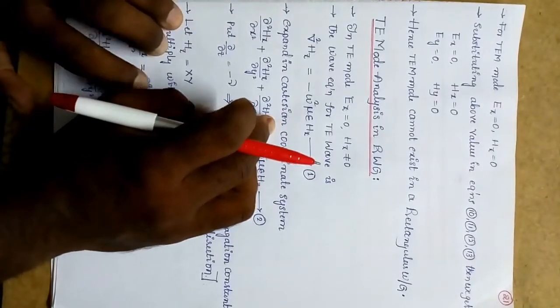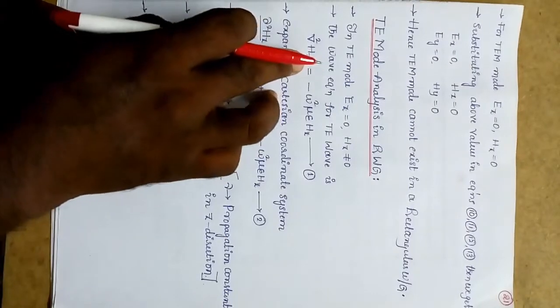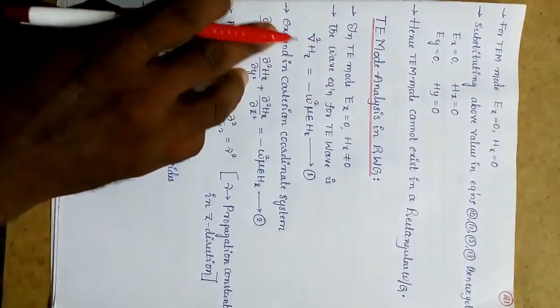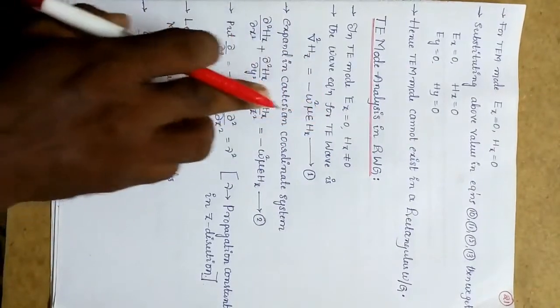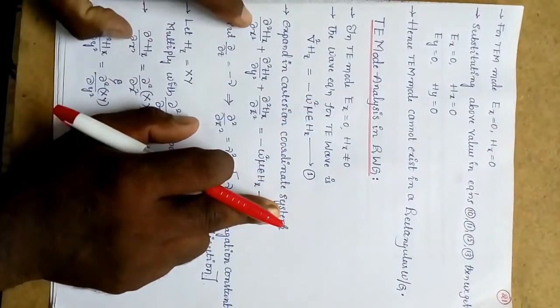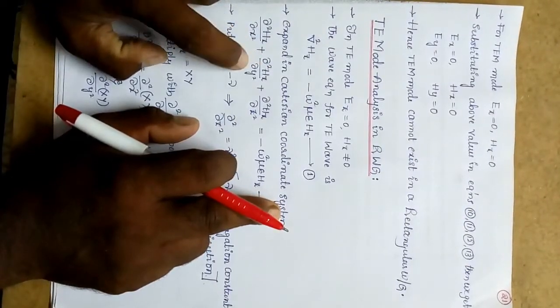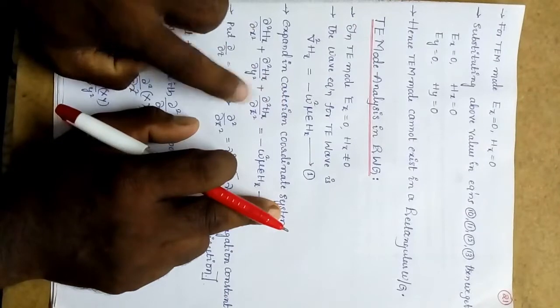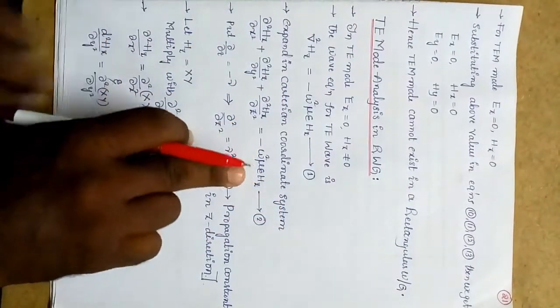Next, I am expanding the above expression in the Cartesian coordinate system. Expanding this equation, we get dou square Hz by dou x square plus dou square Hz by dou y square plus dou square Hz by dou z square is equal to minus omega square mu epsilon Hz.